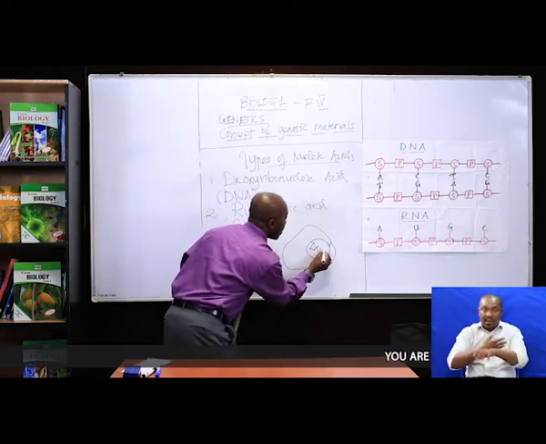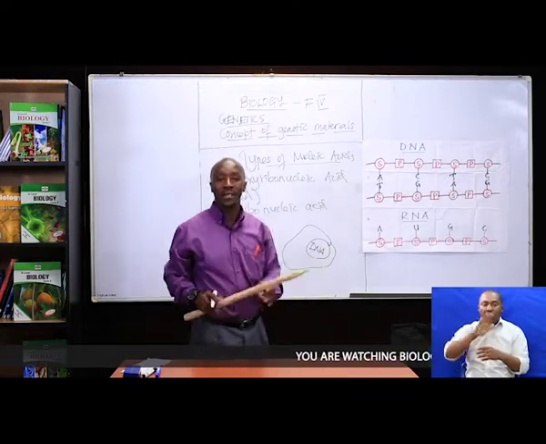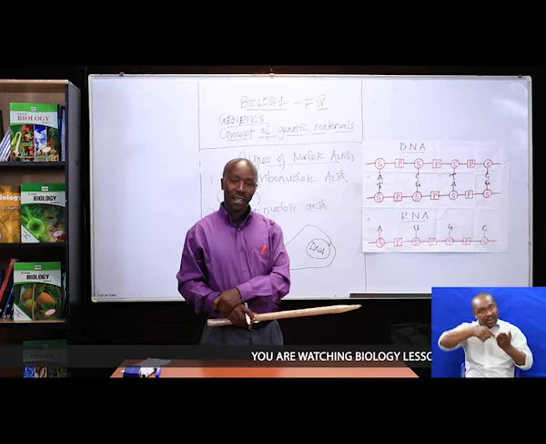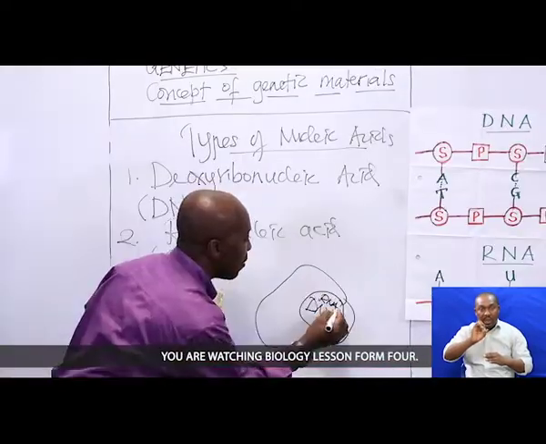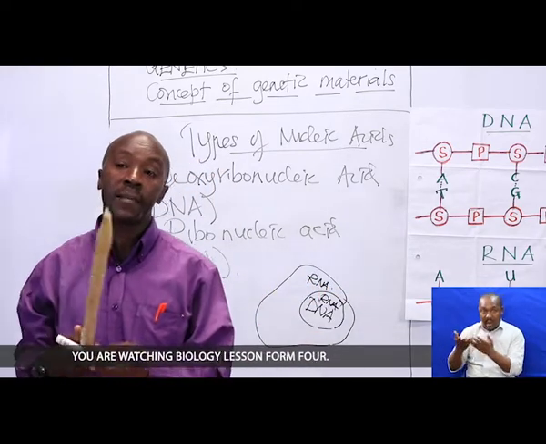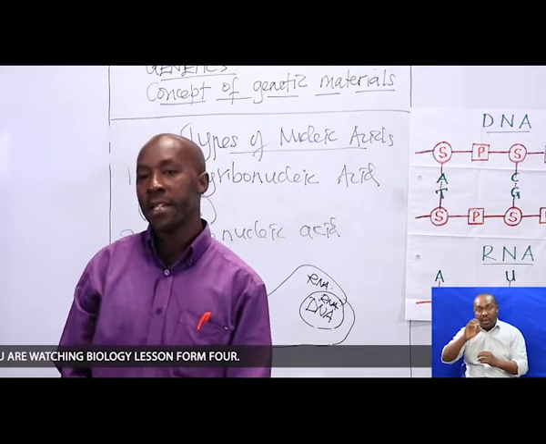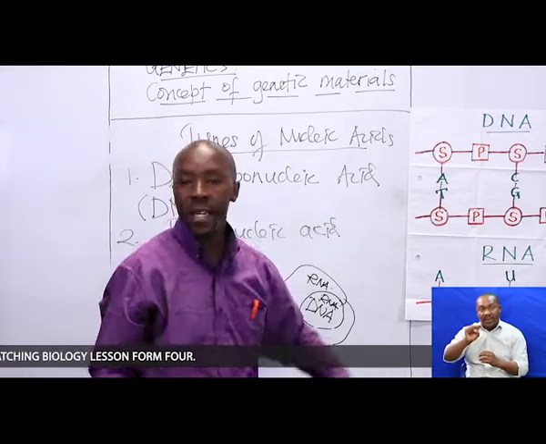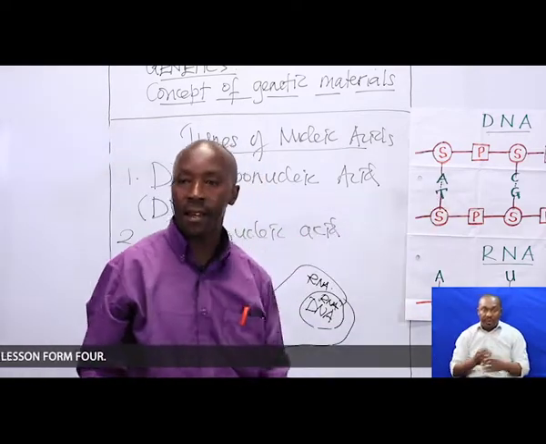DNA is always found only in the nucleus of the cell, while RNA can be found in the nucleus and also in the cytoplasm of the cell. So, mind you, there are so many differences between DNA and RNA.